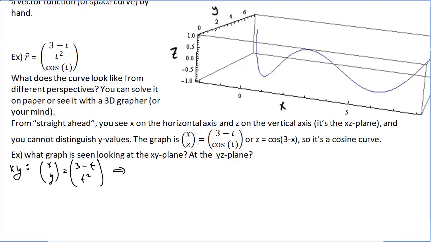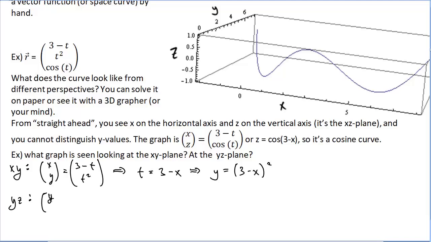So we can solve for that. First, you can solve for t, so t equals 3 minus x, and then from that we would have that y equals, just substituting, 3 minus x squared. So you know that this is basically a certain parabola.